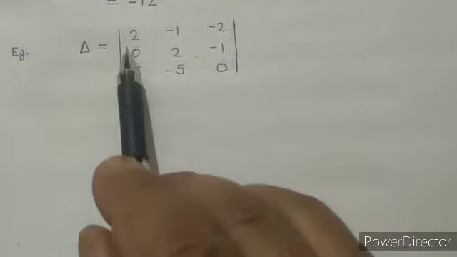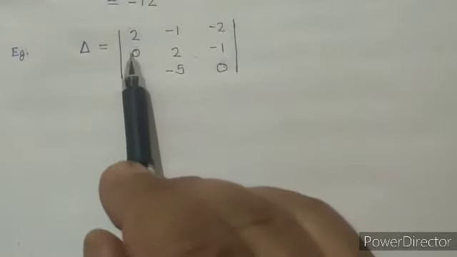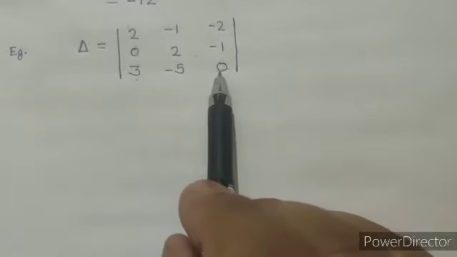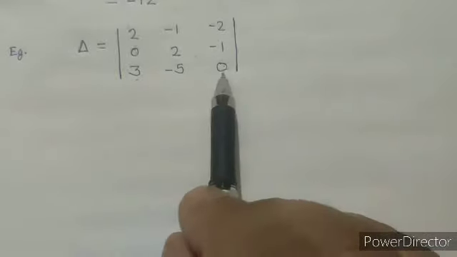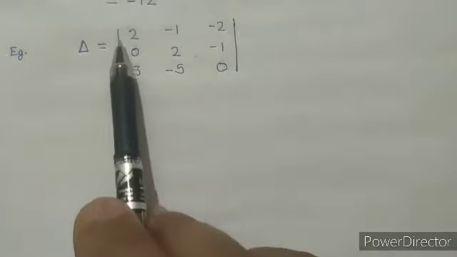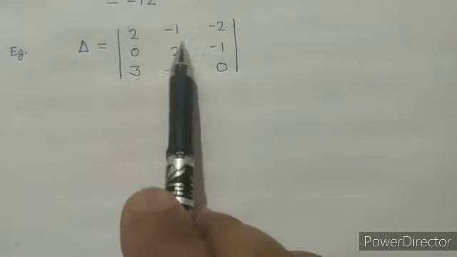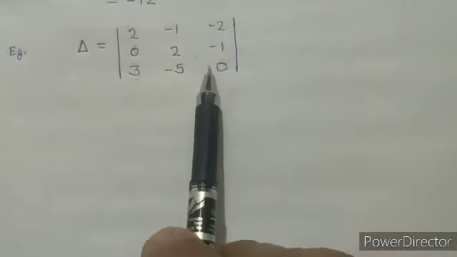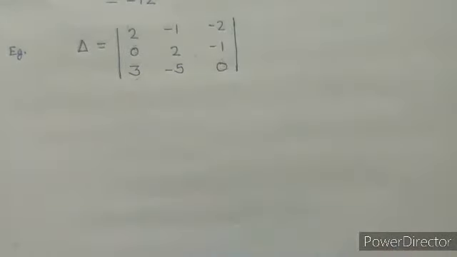As the first element of second row is 0 and third element of third row is 0, it is more convenient to solve it by expanding either column 1 or row 2 or row 3, or you can solve it by expanding column 3 also. So here I am expanding row 2.